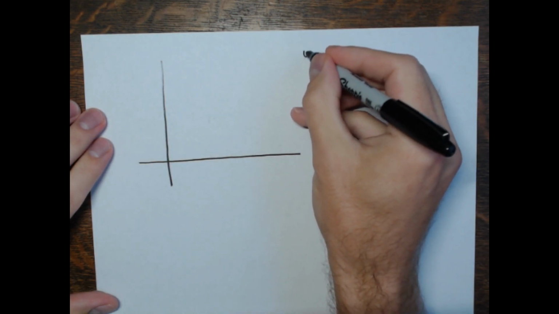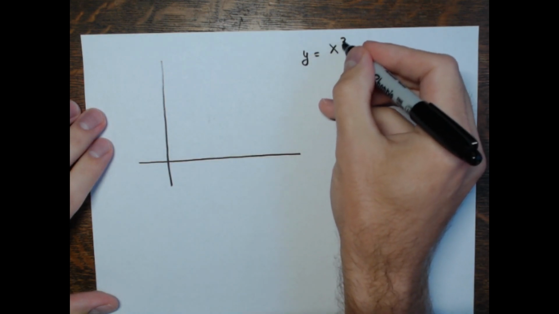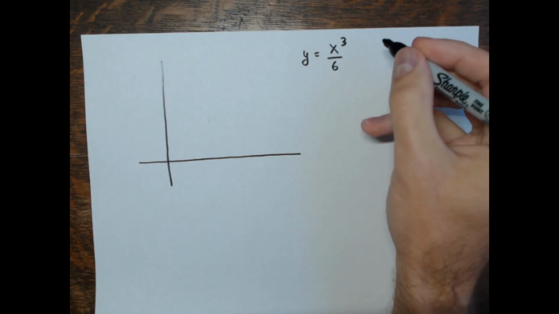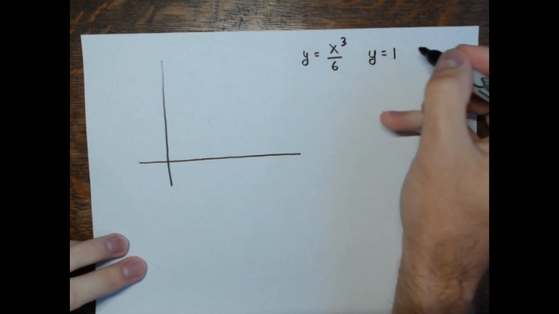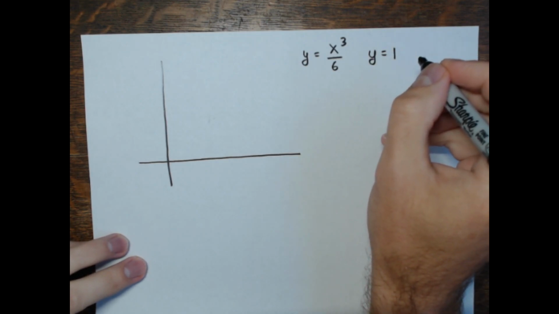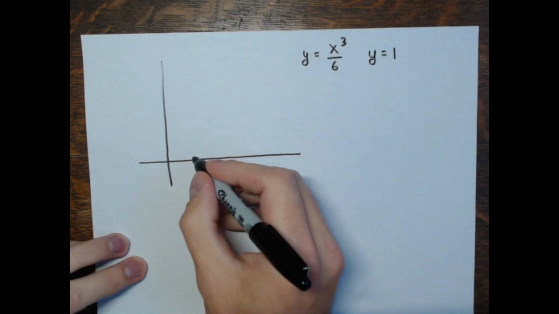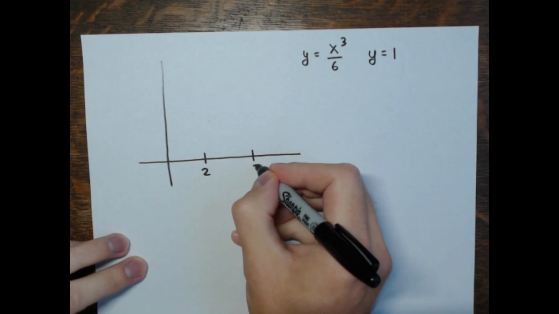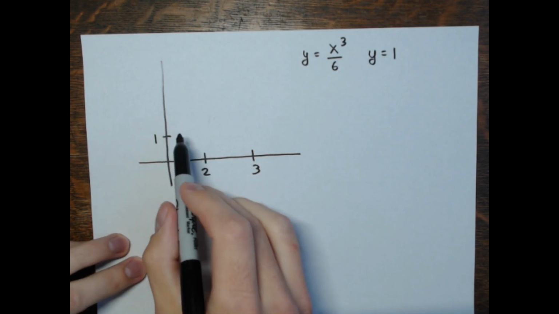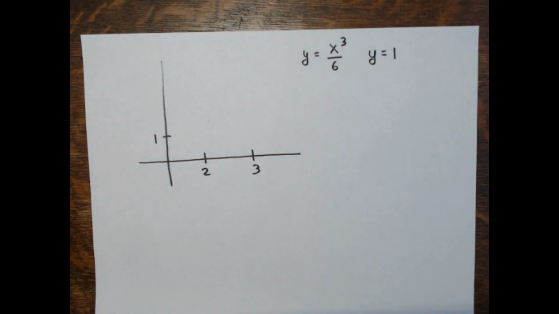So one function was y equals x cubed over 6. The other one is just y equals 1, g of x equals 1. And we're between x equals 2 and x equals 3. Now y equals 1 is a horizontal line.